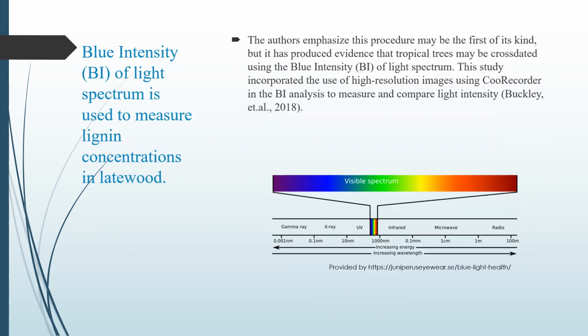Tropical tree dendrochronology may be at the frontier of the field of dendrochronology. The authors emphasize that this procedure using blue light intensity may be the first of its kind, specifically the first of its kind, a study like this being done with tropical trees. But it has produced evidence that tropical trees may be cross-dated using this blue intensity of the light spectrum.